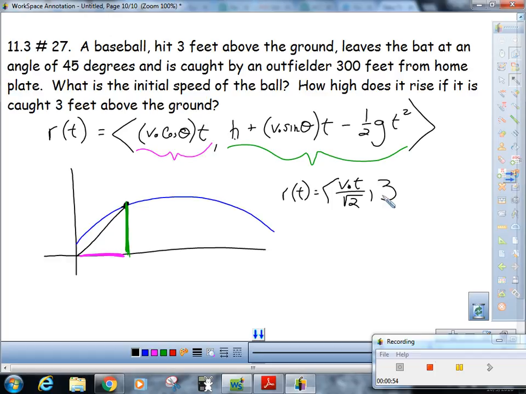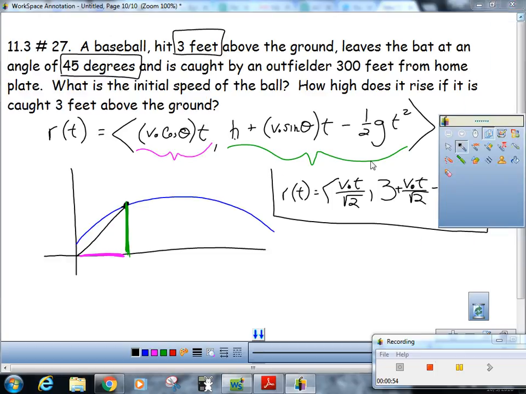And then this one becomes an initial height of 3 plus, when you plug in 45 degrees, that simplifies to this, and then minus 16t squared. So when you plug in the given information of a launch angle of 45 degrees and an initial height of 3 feet, then you get this function.